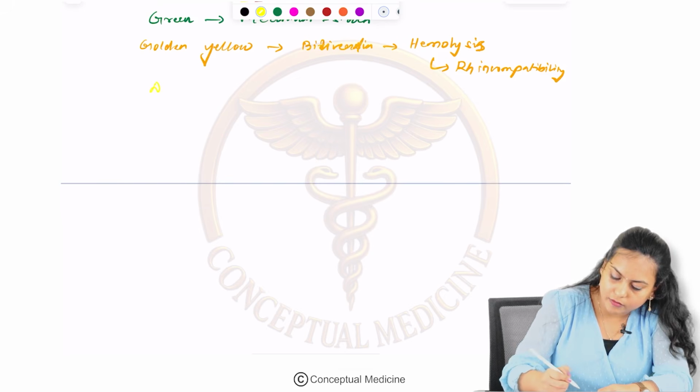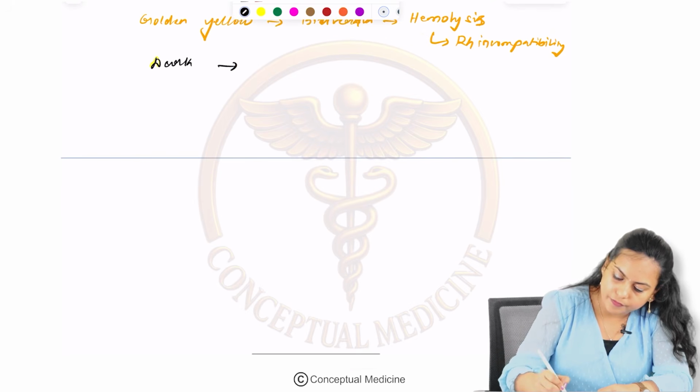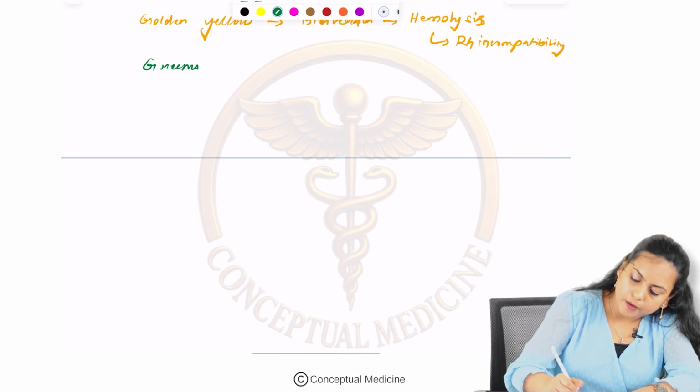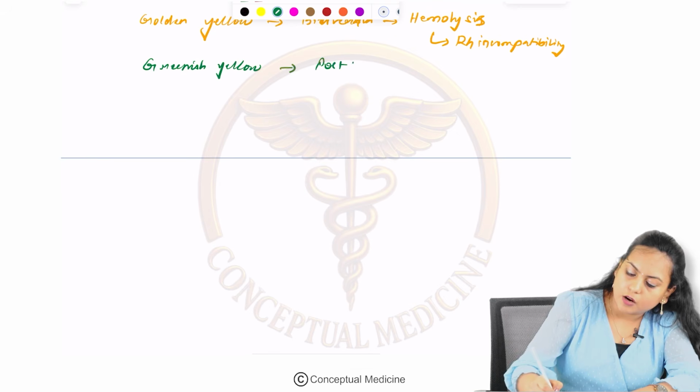Then there can be dark colored amniotic fluid or tapioca like amniotic fluid. Tapioca like amniotic fluid is usually seen in greenish yellow amniotic fluid, can be seen in postterm pregnancy.